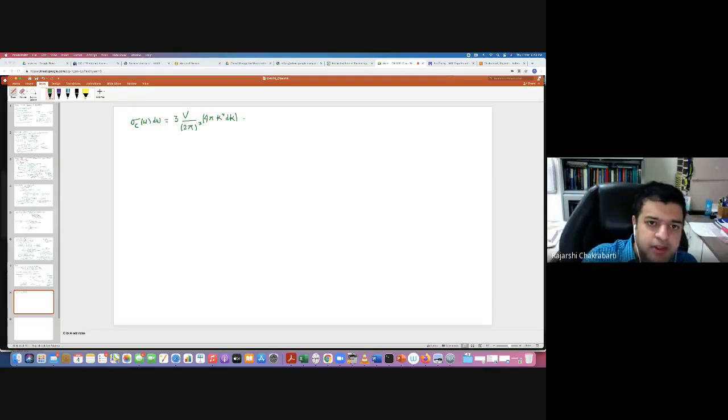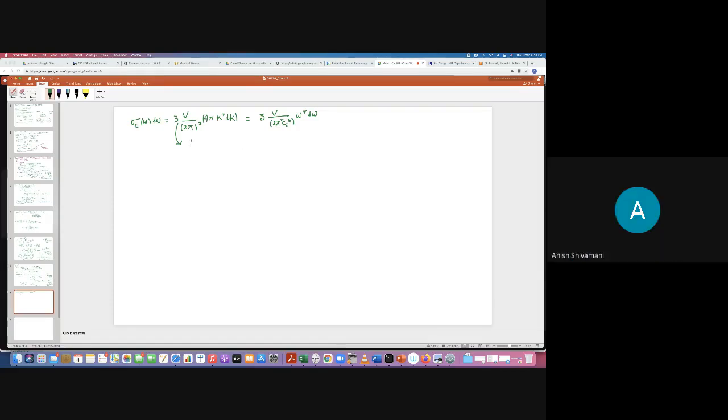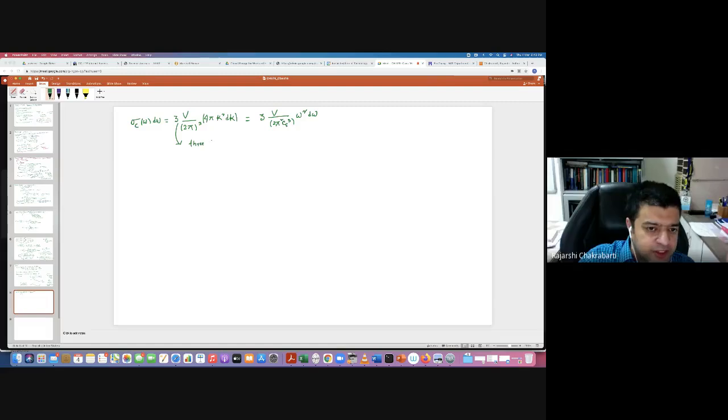And of course, if I put in my expression for C, this is going to be... but there is a difference here. The difference is the factor of 3. Can you tell me why this factor? There are 3 possible polarizations of this wave.